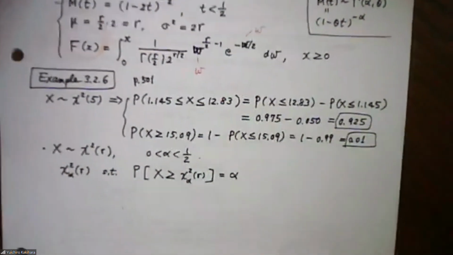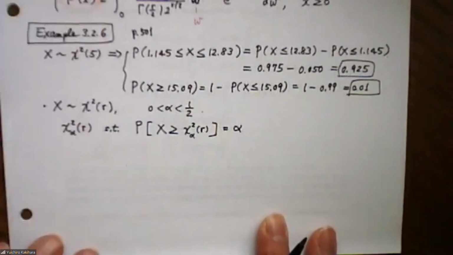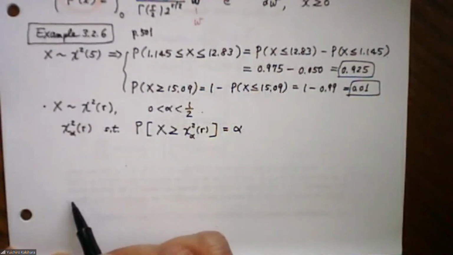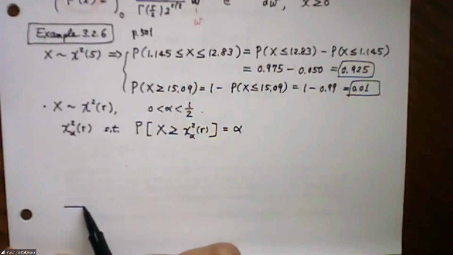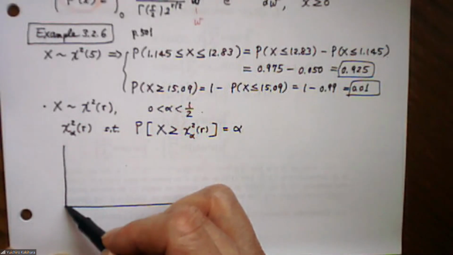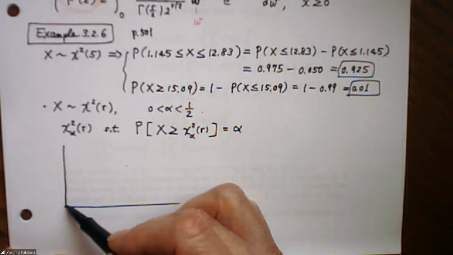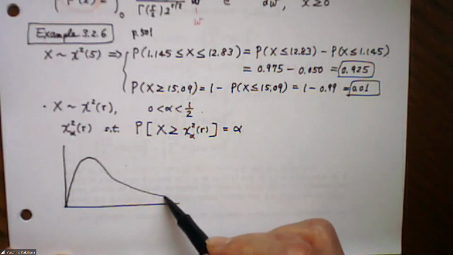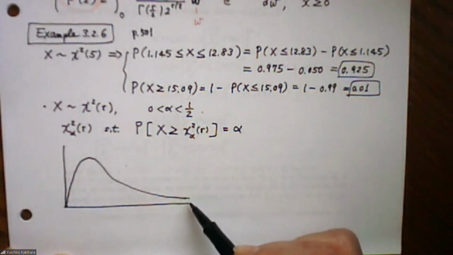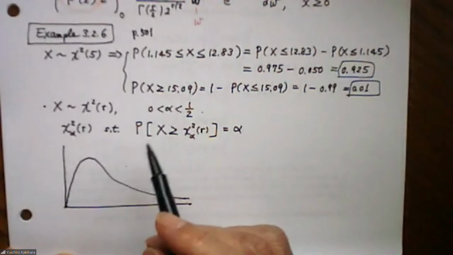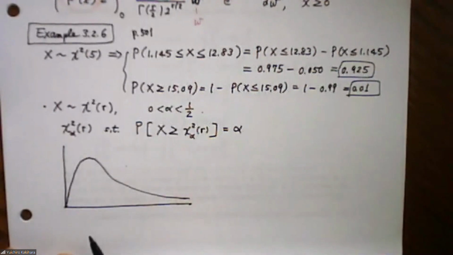If you see the picture, then you will see clearly. The graph of the density function is something like this. My picture is not good, but this is the idea. Alpha is between 0 and 1/2.